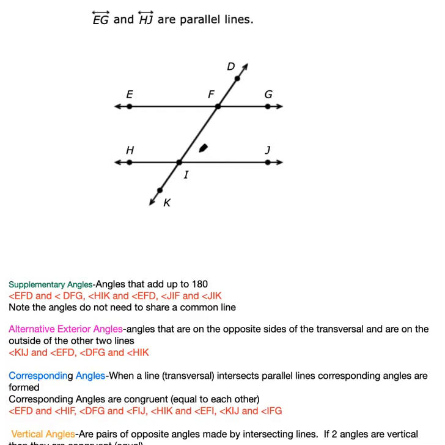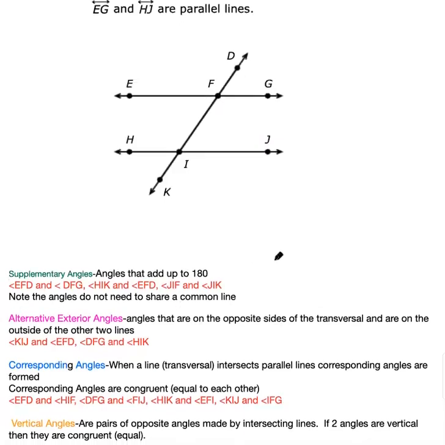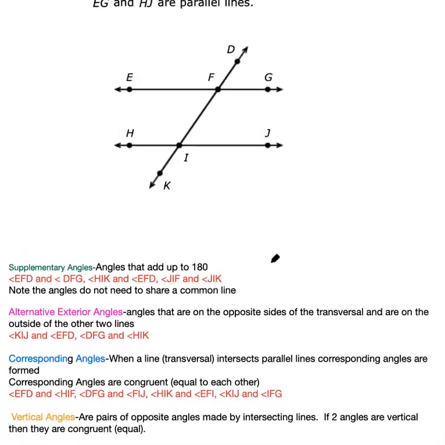They're sharing that common line, and they're going to be 180 degrees. Alternate exterior angles are angles on opposite sides of the transversal and on the outside of the other two lines. So I have KIJ right here and EFD here. Let me mark that out for you. That's going to be here and here. So these are alternate exterior angles.